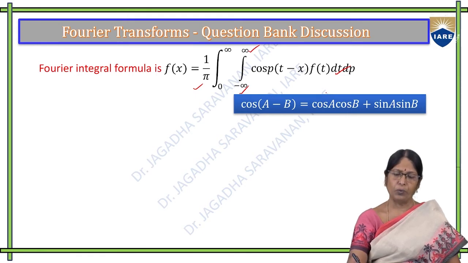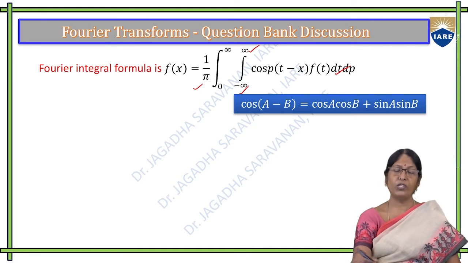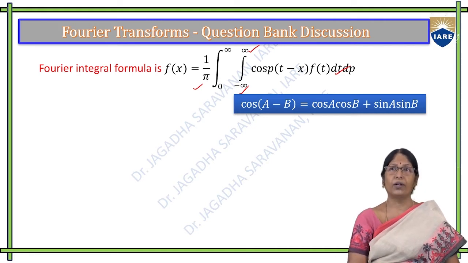If the question asks only for the Fourier integral formula, according to Bloom's taxonomy, that is the first level, and we just reproduce it. Now, if they ask us to derive the Fourier sine integral formula and the Fourier cosine integral formula, then we have to understand it.